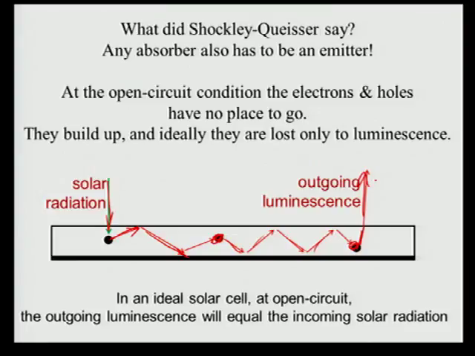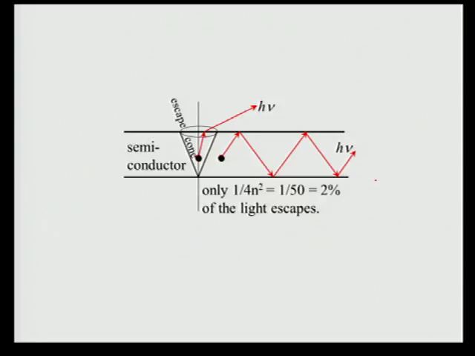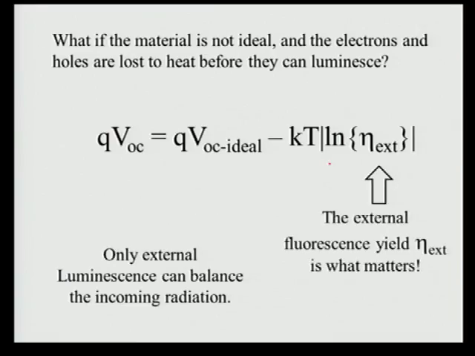Now, according to Shockley, ideally, every incoming solar photon would get out. But the problem is it's really hard to get them out. And why is it hard? Because the escape cone is so narrow. 98% of the photons get trapped and have difficulty getting out. So it's very, very hard to do.